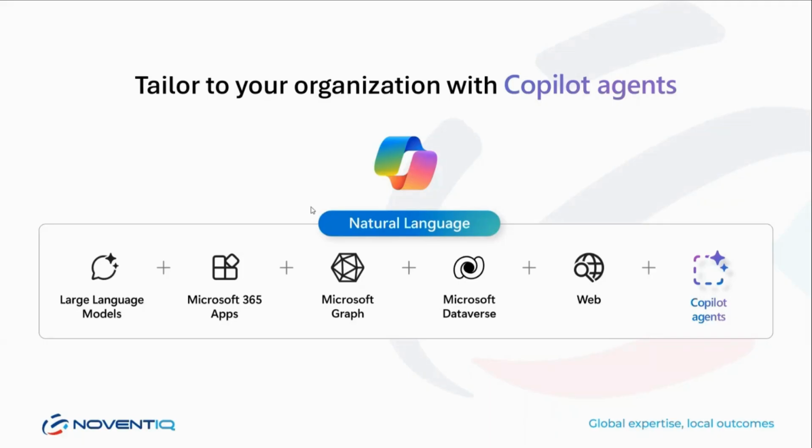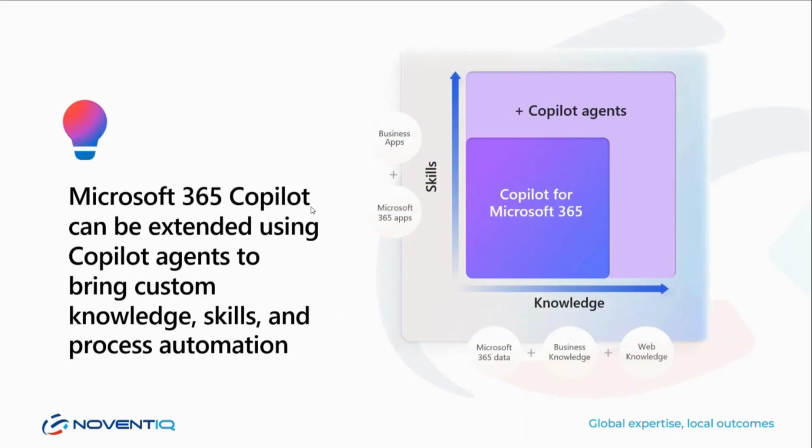But yes, I will go through each and every path that there is for making these extensibility solutions or agentic solutions inside M365 Copilot, right? So giving you a broader aspect of what advantage you can see with these agent enablements inside M365 Copilot, right? If you see on the visualization here, you have your Biz apps, you have your M365 apps. Those are something called a skill that gets added into Copilot for M365.